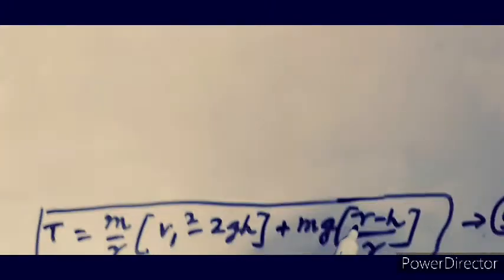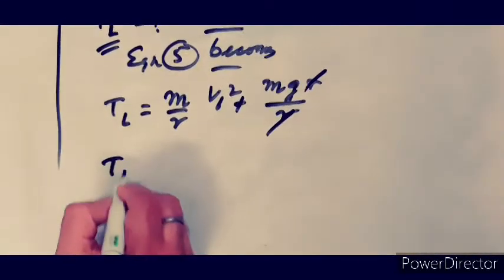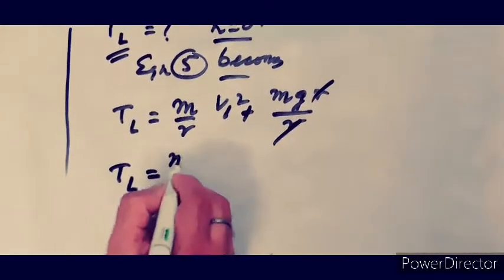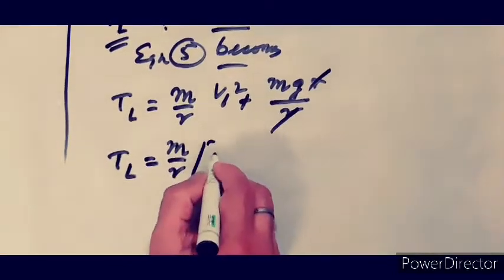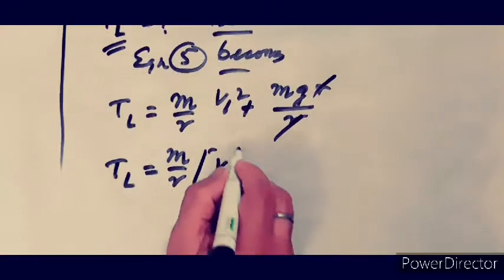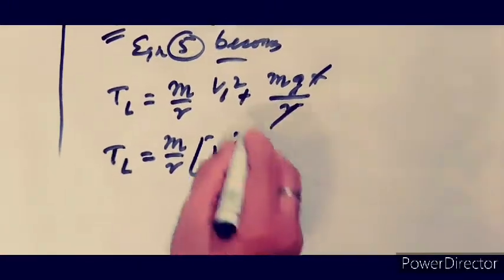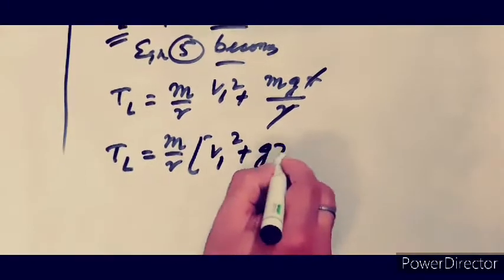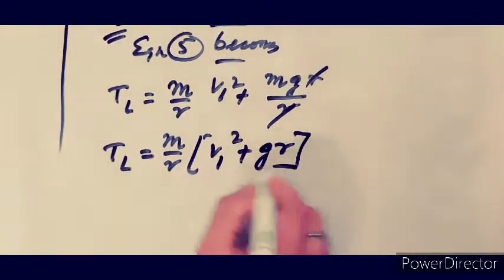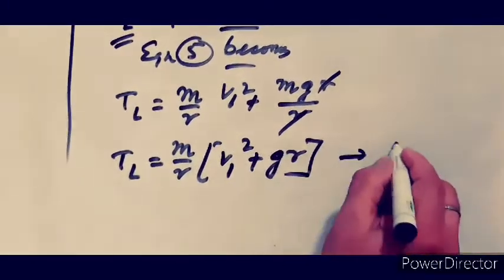With h 0, r by r cancels. Ultimately TL is equal to m by r, taking m by r common, v1 square plus g into r, cross multiplied. That is the equation number 6.